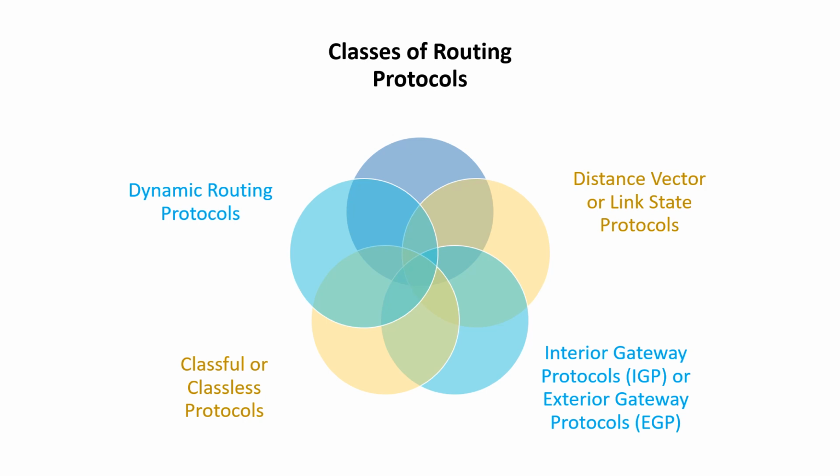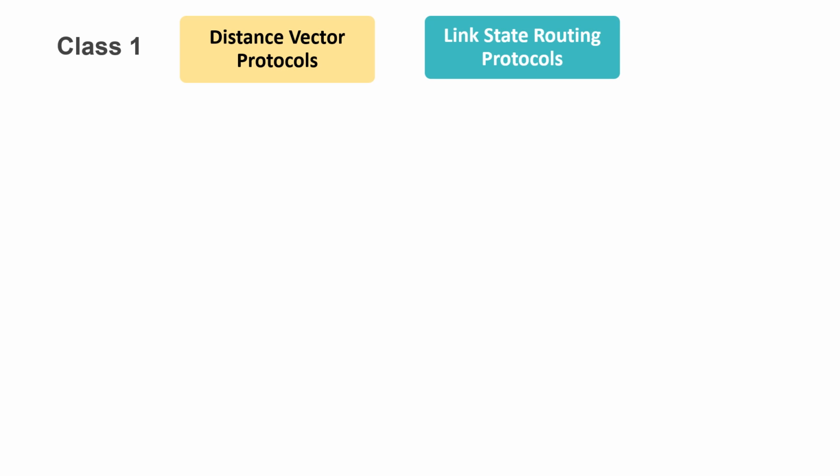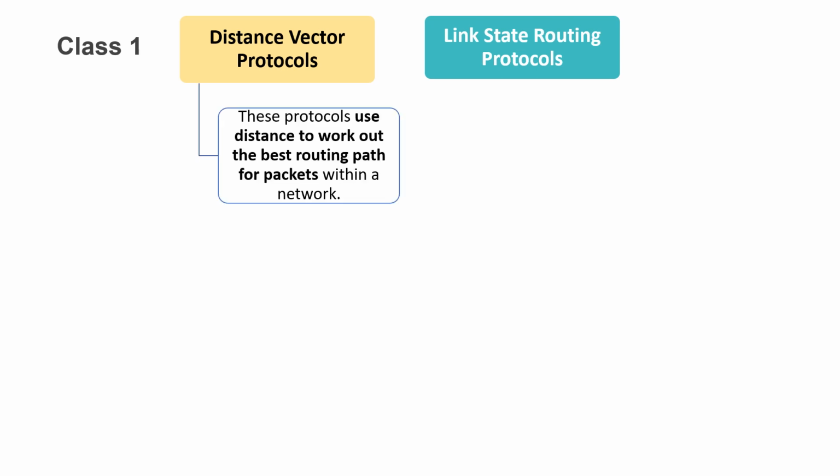Now we can see the classes of routing protocols one by one and also the types of protocols. So first is class 1, that is distance vector protocols or the link state routing protocols.